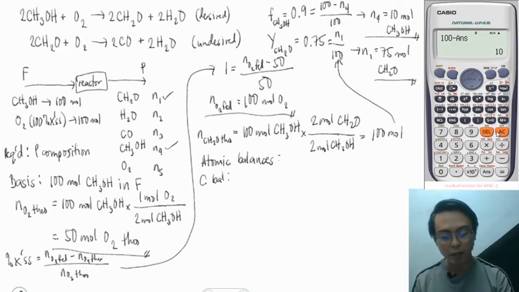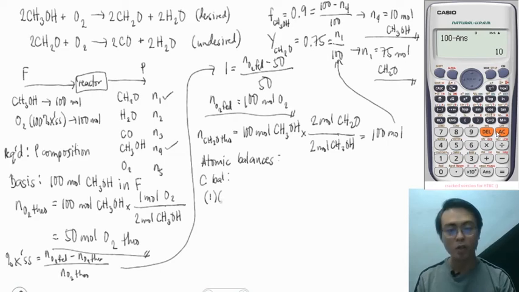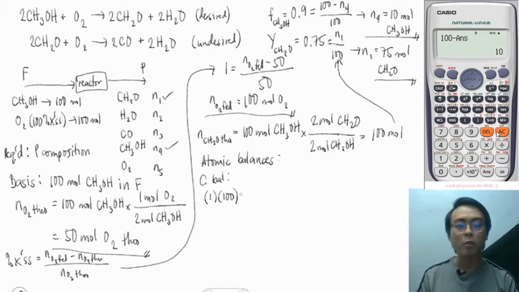So we write that as 1 carbon multiplied by the amount of methanol, which is 100 moles. That is your input, equals your carbon in the output. Carbon appears in N1, N3, and N4, so you should have 3 terms on the other side of your carbon balance.